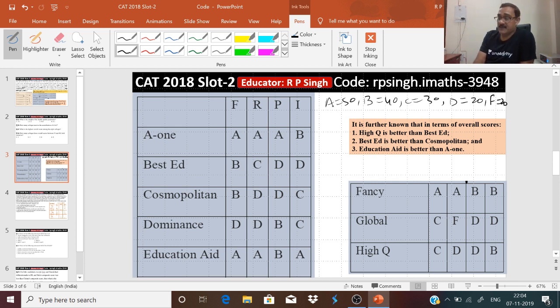The weights of the parameters are not given, so let us suppose, in the same order, the weight of F is a, the weight of R is b, the weight of P is c, and the weight of I is d. Obviously a, b, c, d are amongst 0.1, 0.2, 0.3 and 0.4.